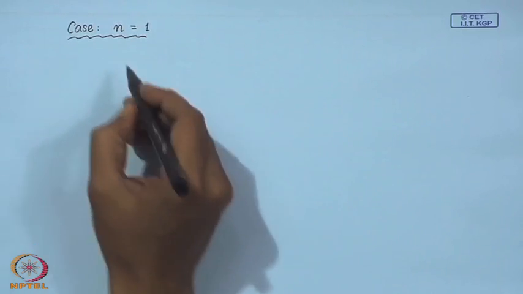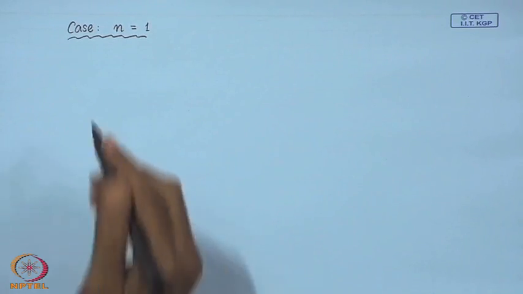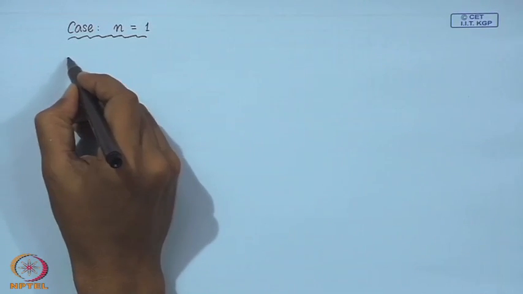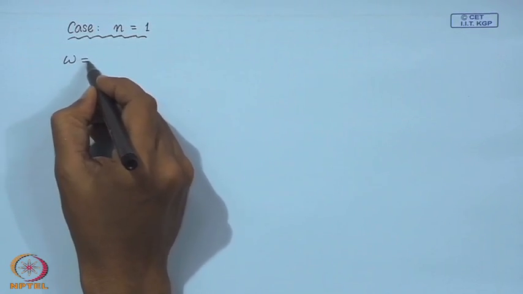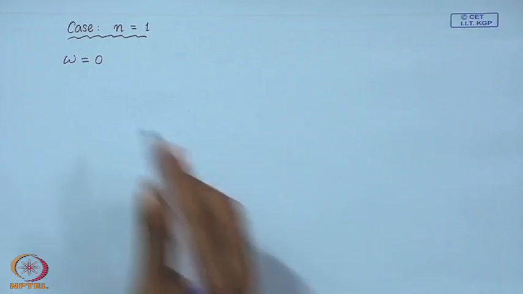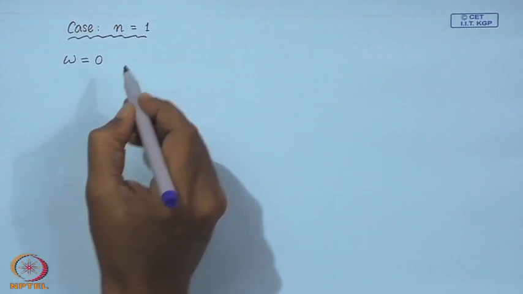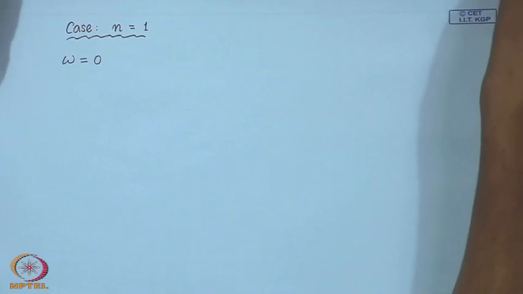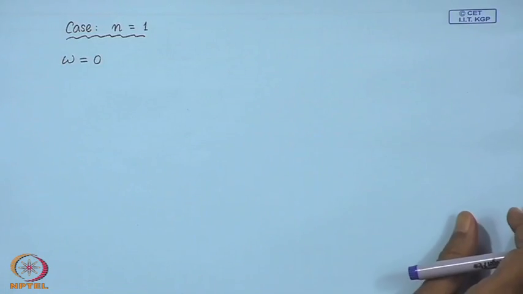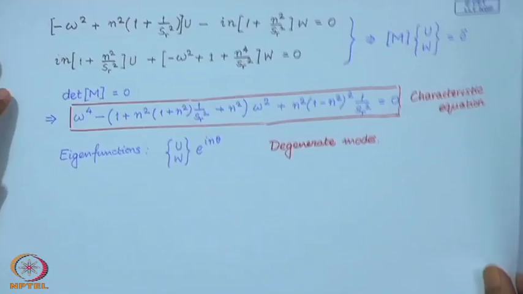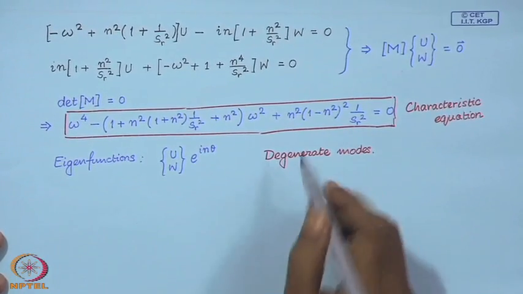So, in that case, if you substitute n equal to 1 in the characteristic equation, once again you will find that the first solution is omega equal to 0. So, for n equal to 1, omega equal to 0 is again a solution, which you can see directly from here once again.